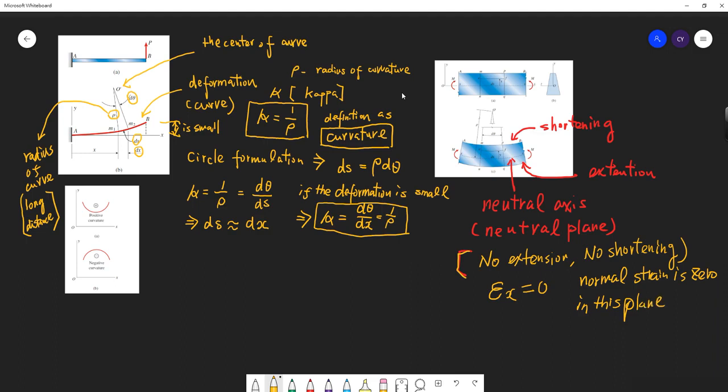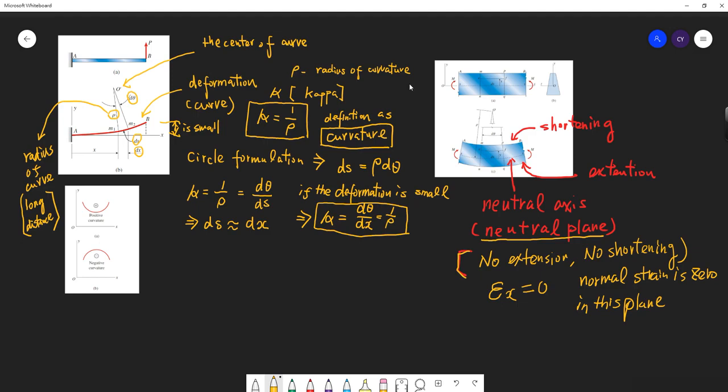So we call it the neutral plane. Neutral plane is a very, very important idea here. So please remember, this is a very, very important idea for the analysis.